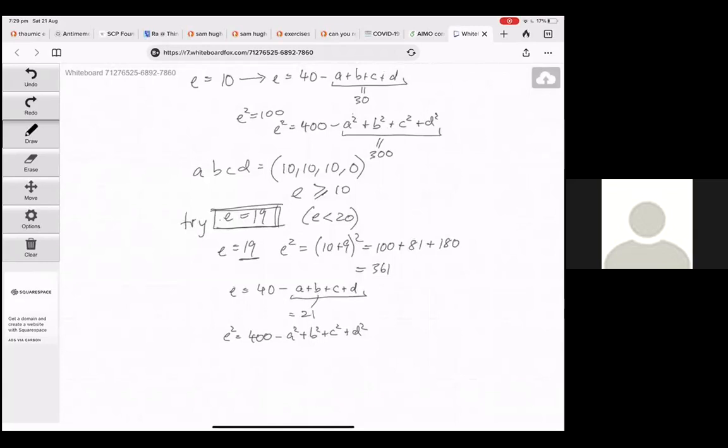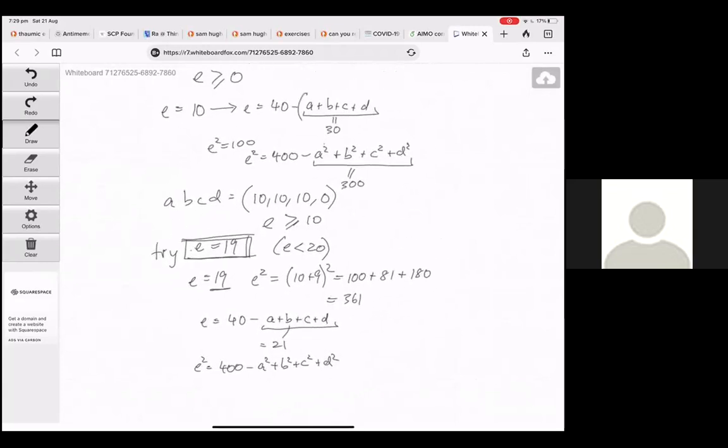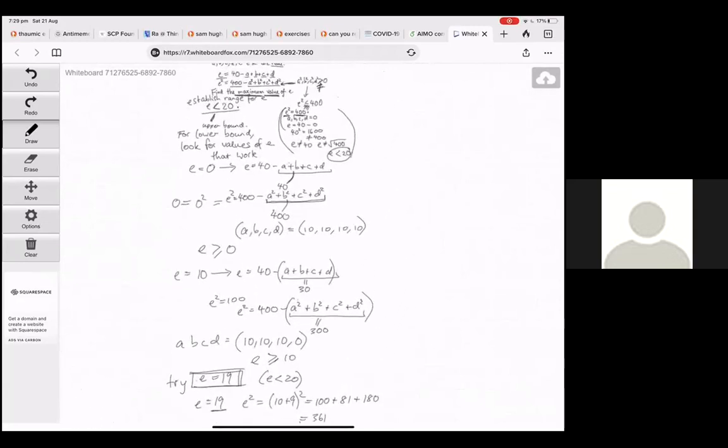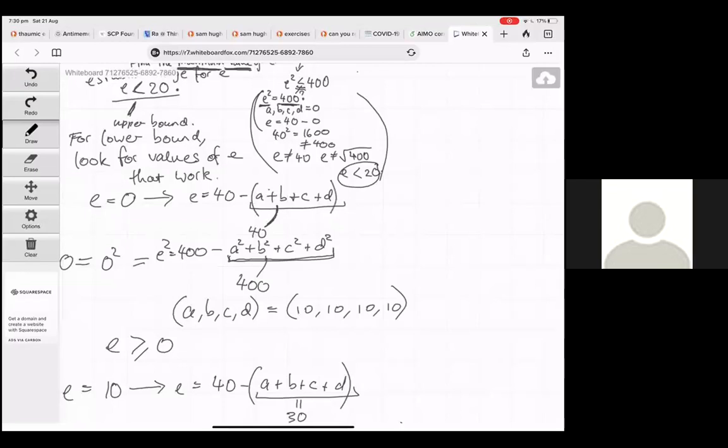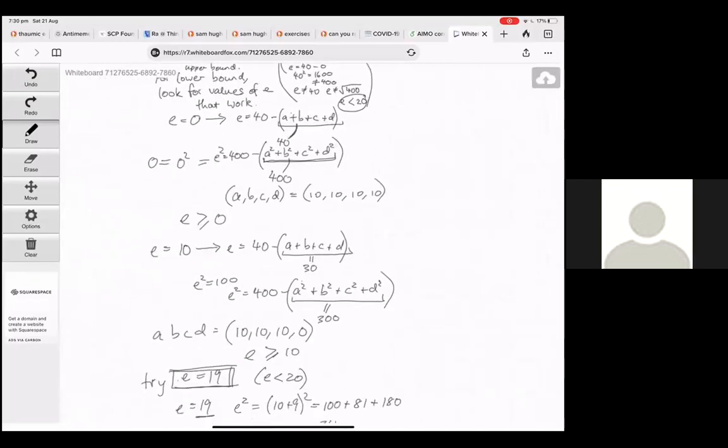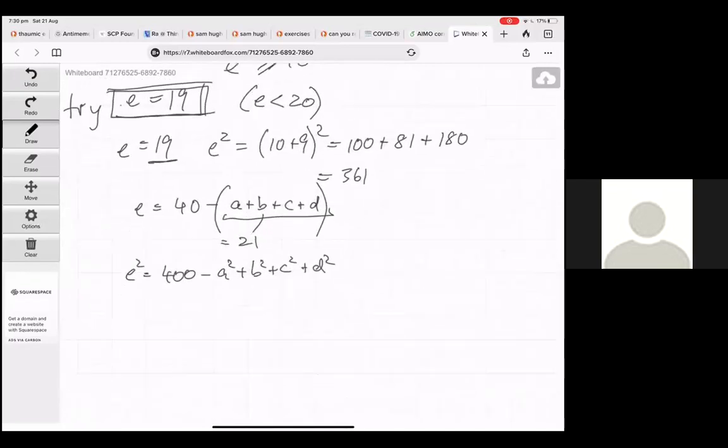Oh, sorry, I should have put brackets around these the whole time. Sorry, I'm going to do that now so that no one's confused. Which means that all of this has to equal the difference between 400 and 361, which is 39.